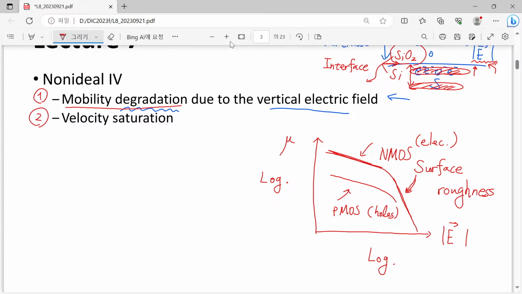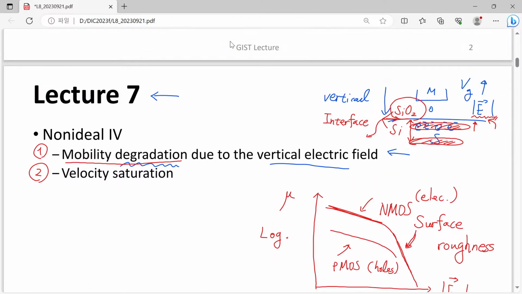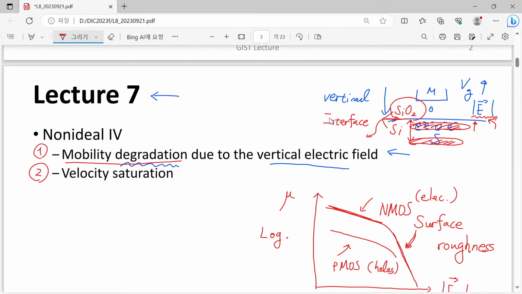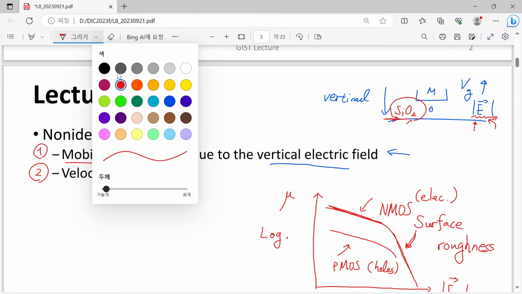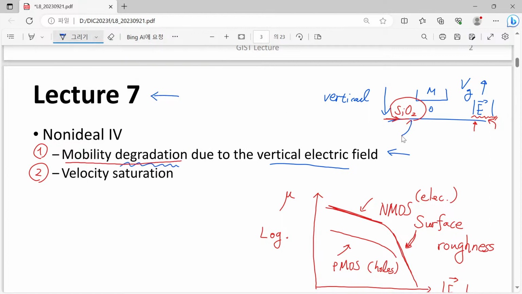Velocity saturation is nothing related to the vertical field. In the first topic, we considered the electric field along the vertical direction, but on the other hand, the other direction, which is perpendicular to the vertical direction and also connects our source and drain, is typically called the lateral direction.